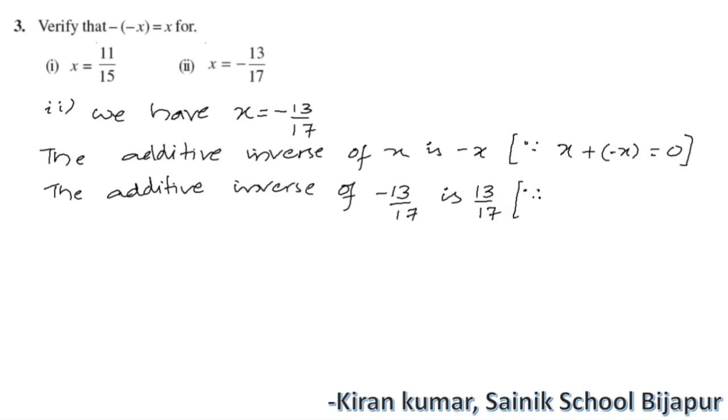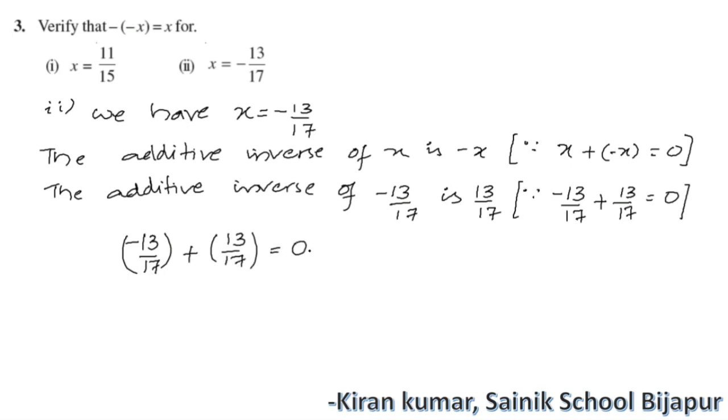That is because when negative 13 upon 17 is being added to positive 13 upon 17, the sum will be equal to 0. Look at the equality here. Minus 13 upon 17 is added to positive 13 upon 17.